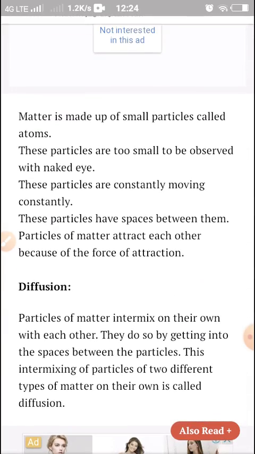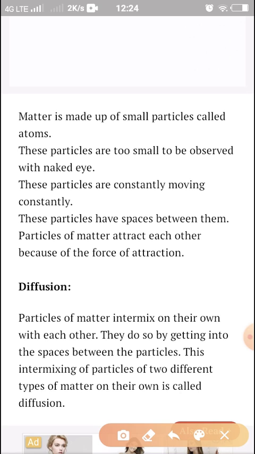So let us learn about some characteristics of matter, right? Let's take an example, my own example. When I was very young, someone gave me a paper, right?